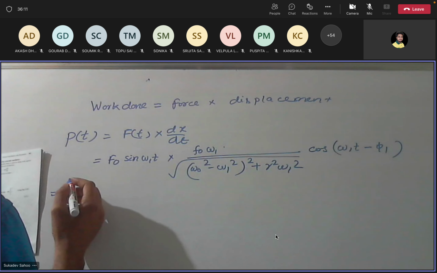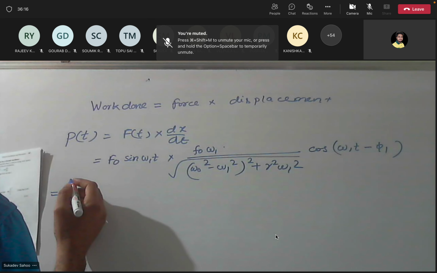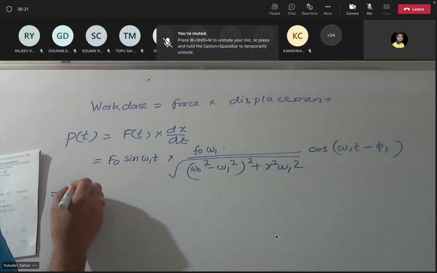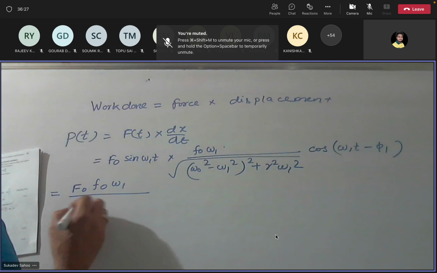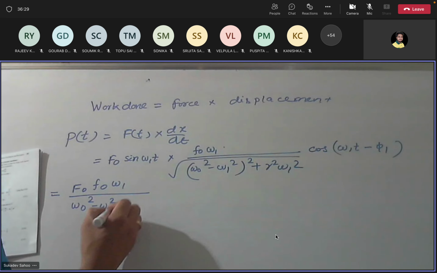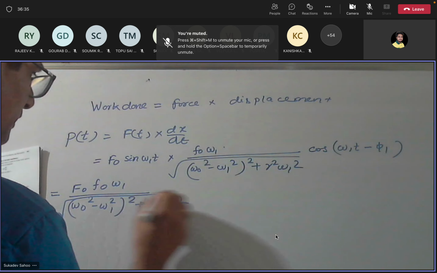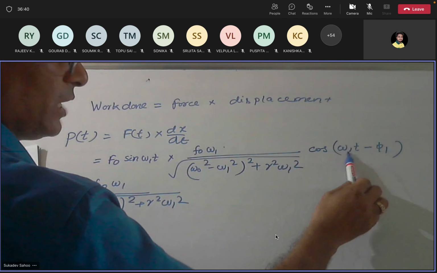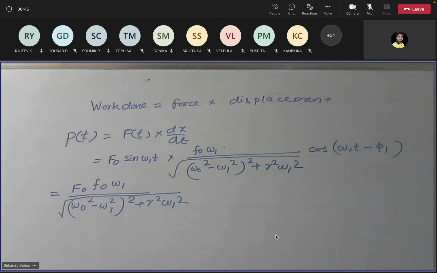So we can write F0 omega 1 divided by omega 0 square minus omega 1 square. Only simple mathematics, I think all of you will be able to do. Then cos of a minus b is cos a cos b plus sine a sine b.